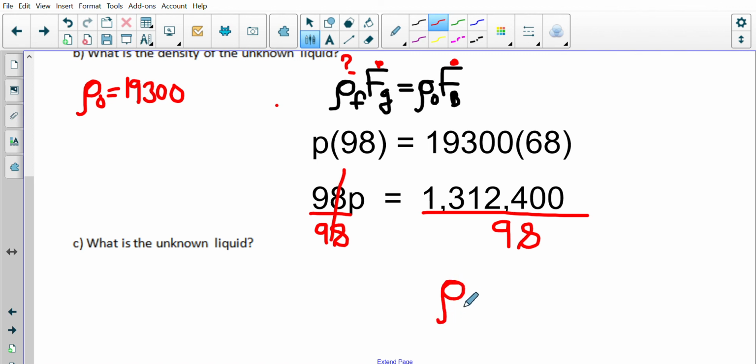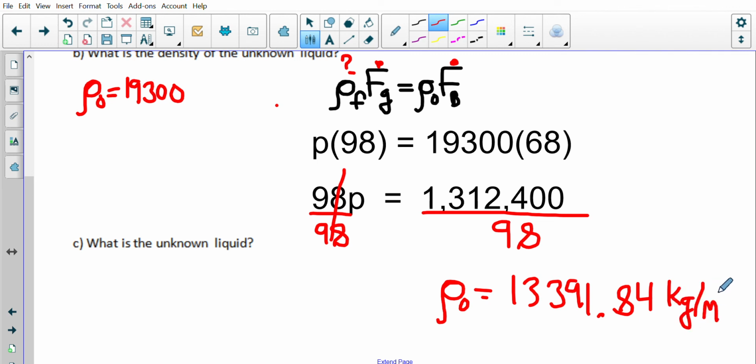And the density of our fluid, we take that 1,312,400, and I'm going to divide it by 98. And I end up with 13,391.84 kilograms per cubic meter. And there we go. There's our density.